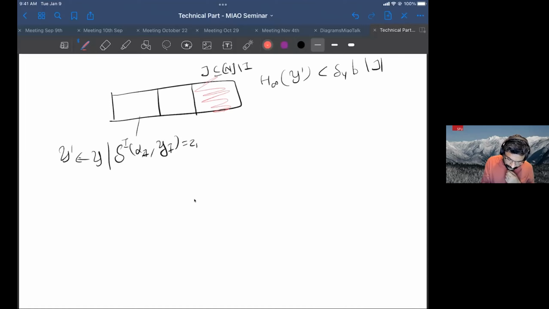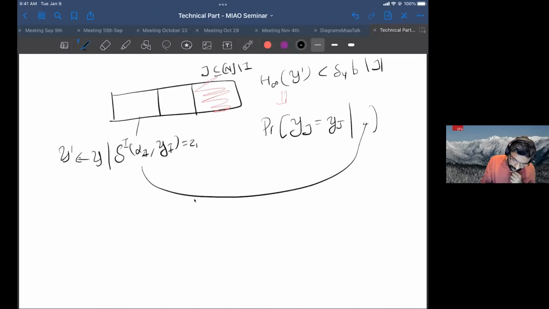By definition this implies that there's some particular value yj, such that the probability that this distribution yj is equal to this particular value yj, conditioned on this event, is greater than, sorry, 2 to the minus delta y pj.